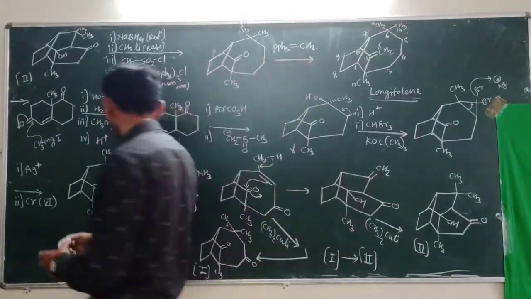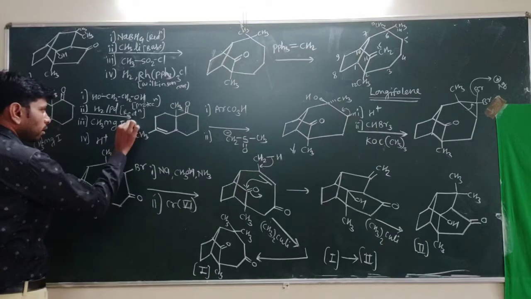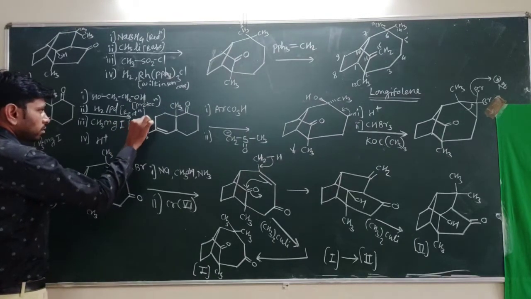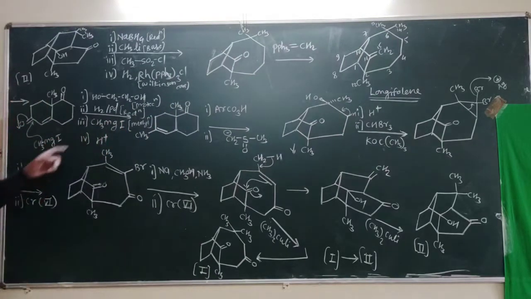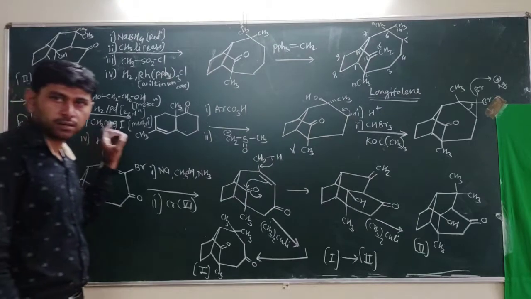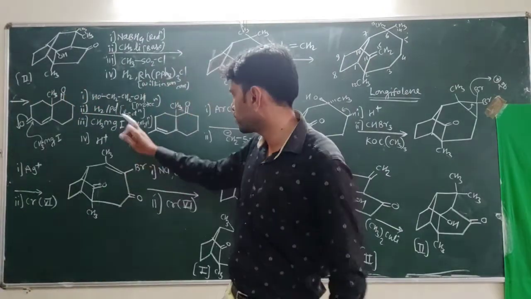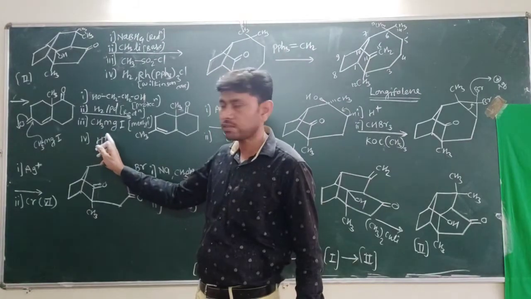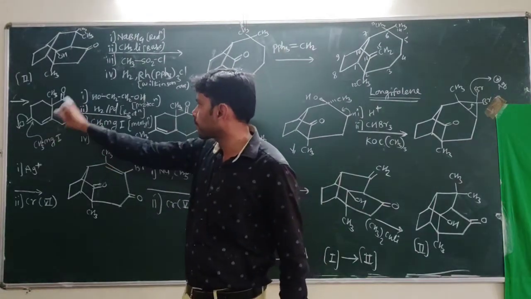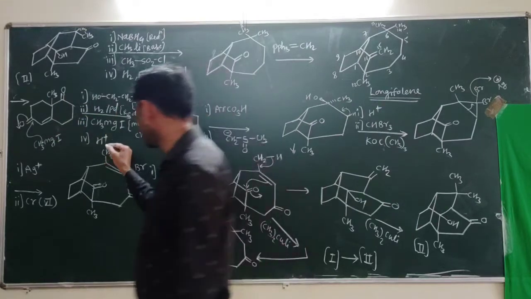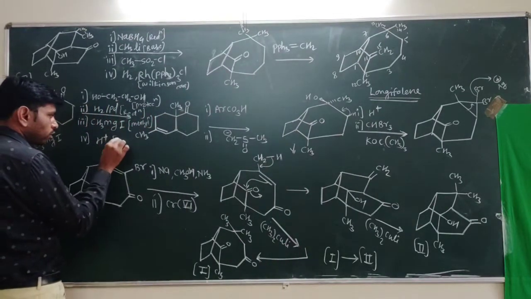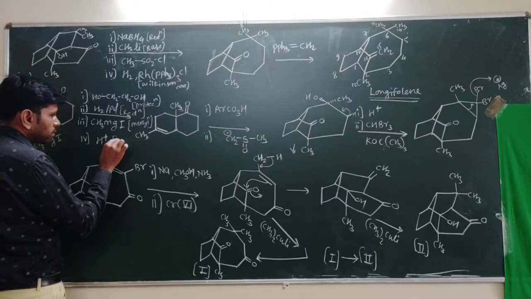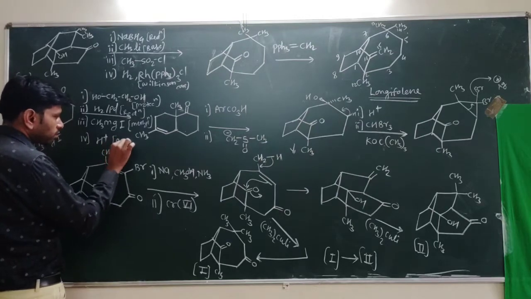It is the attack on the carbonyl group, methylation, as we know the function of a Grignard reagent. This H plus is to break the Grignard adduct, and then deprotection. So two functions are there here: removal of water molecule and deprotection.